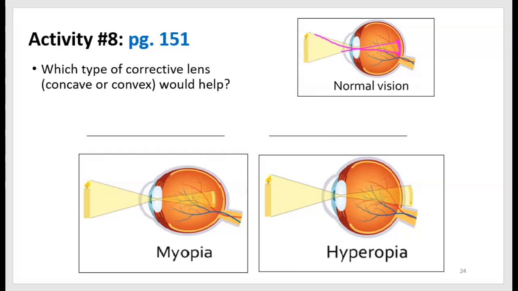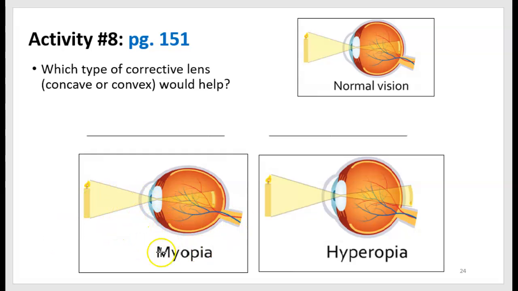And in the case of somebody who is nearsighted, the image doesn't fall on the retina. Instead, the image is produced really in the vitreous humor. And that's because the light rays are actually bent too much.